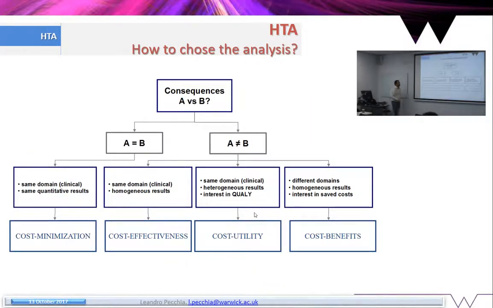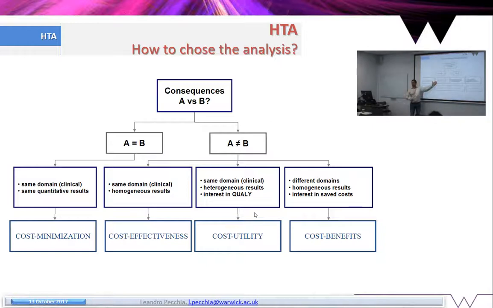There are algorithms which you can use in order to select the proper kind of analysis. So if the outcome of the first treatment is the same as the benchmark, then you just work out the cost minimization analysis, because if the outcome is the same, you can focus on the cost. But if the outcome is different, then you may have the same domain to measure the clinical outcome.